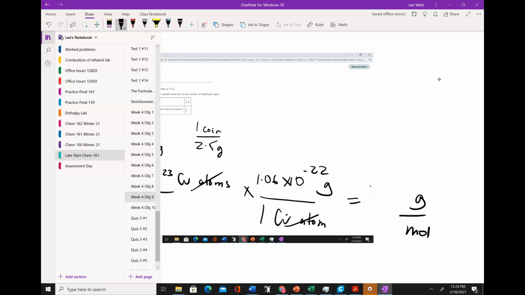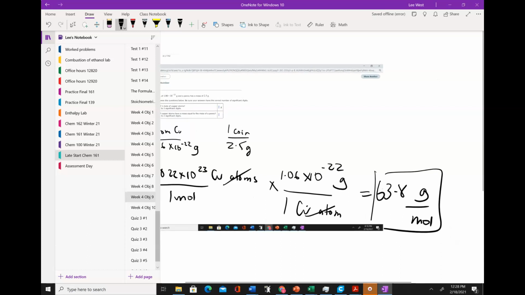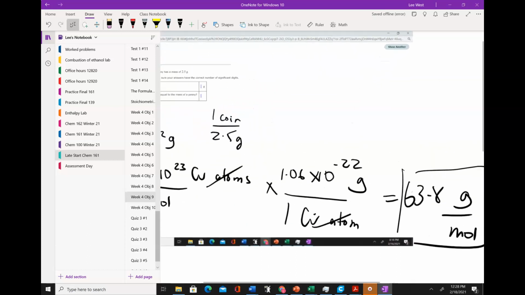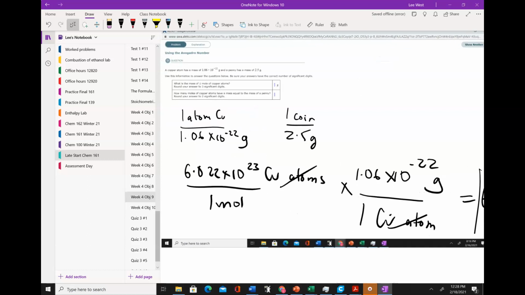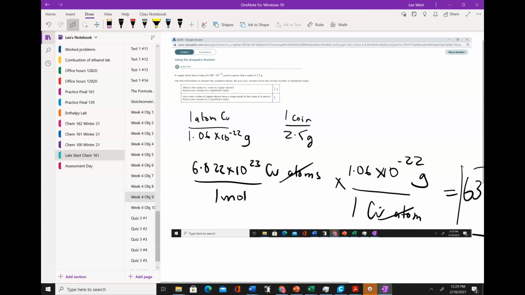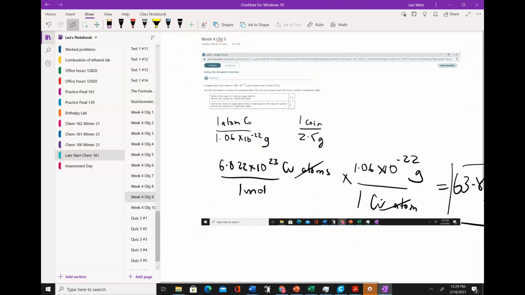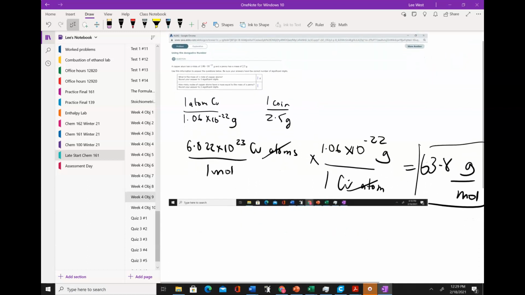So it ends up being 63.8 grams per mole, which is actually slightly different from the value in the periodic table. I think the value in the periodic table is 63.55, but close. Okay, so the next part is how many moles of copper atoms have a mass equal to the mass of a penny.